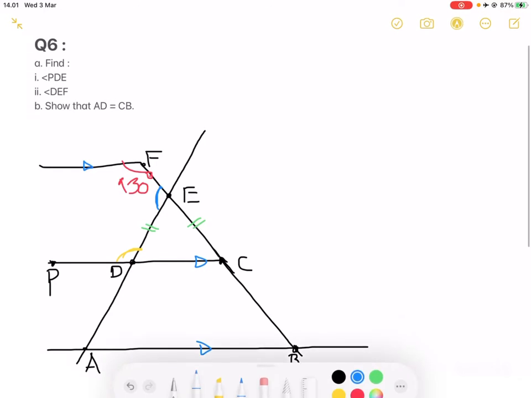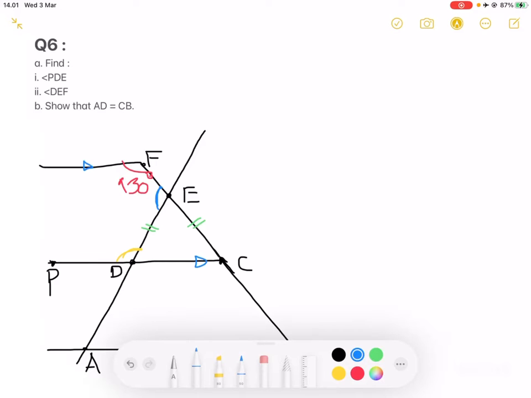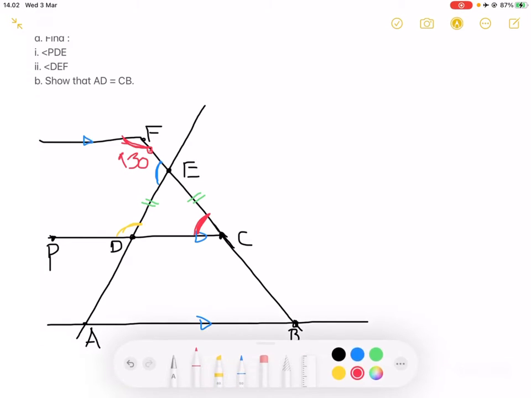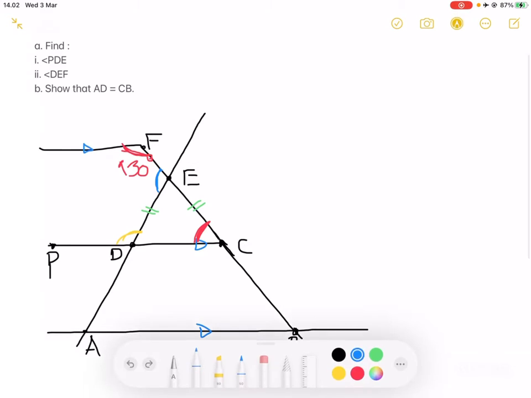So notice by alternate angles, this 130 degrees angle and this angle right there must sum up to 180 degrees, since we know they are parallel, and we know that by these blue arrows right here. From that we know that this angle must be equal to 50 degrees.